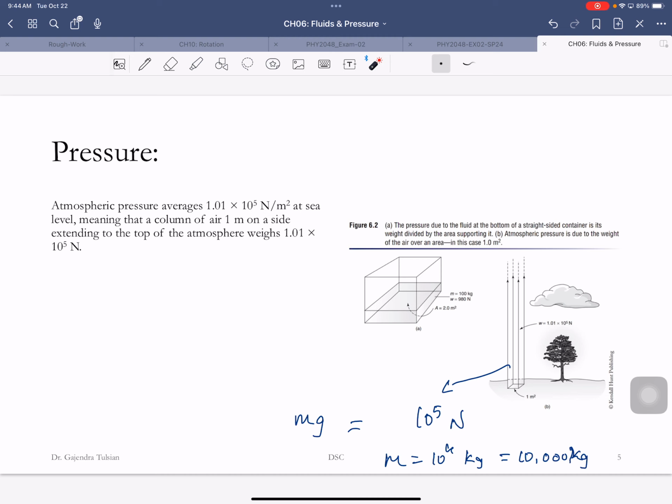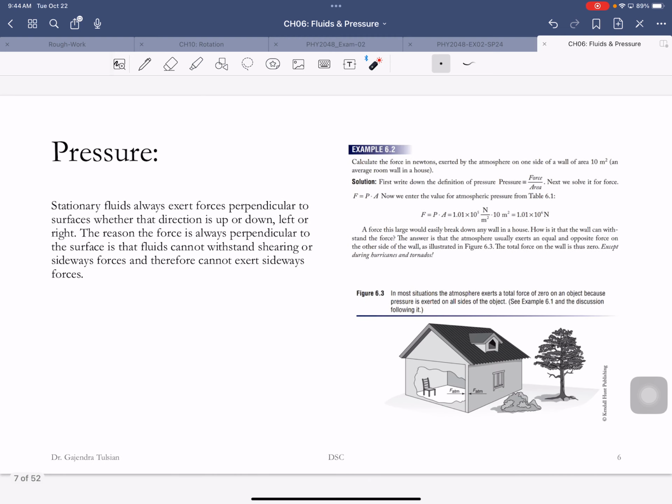Okay, this illustrates the magnitude of the pressure. So on this wall, the pressure of air exerts a force in this direction. And so this problem calculates how large this force is.